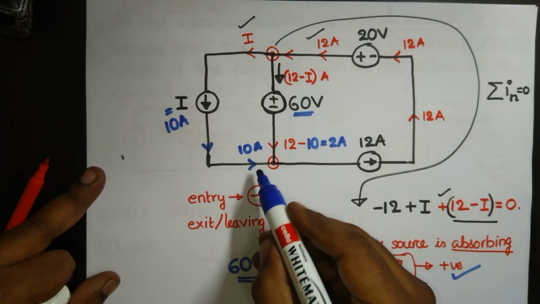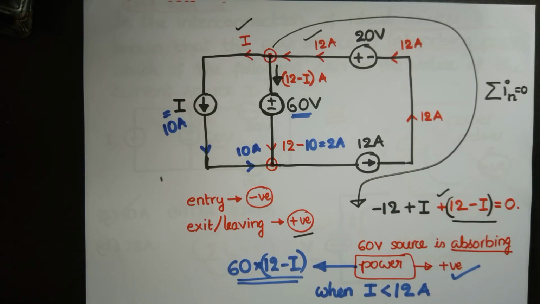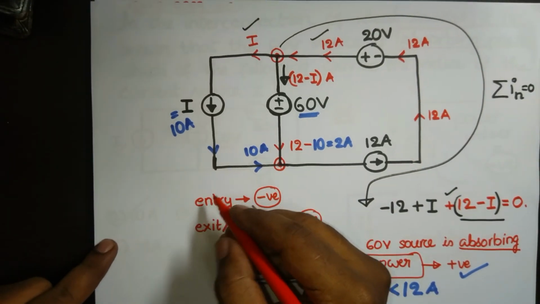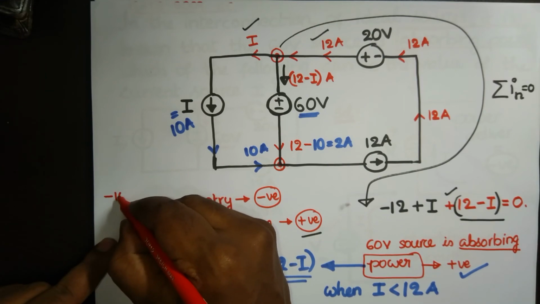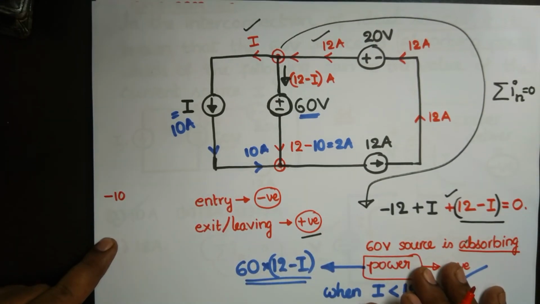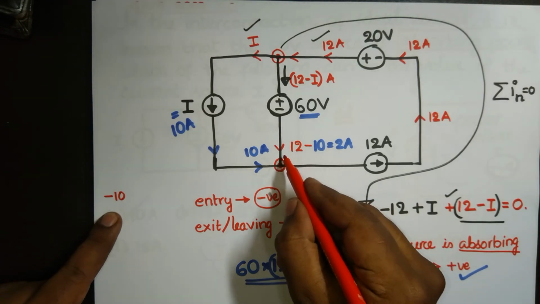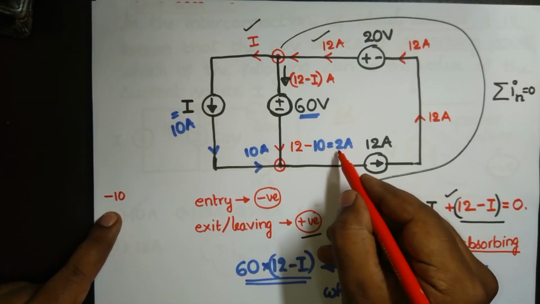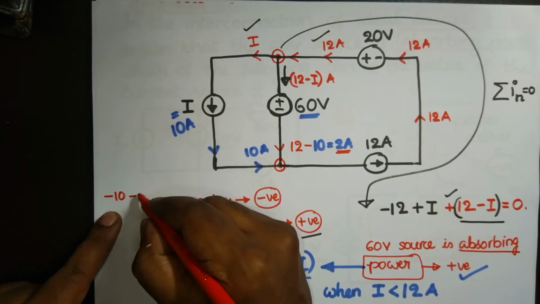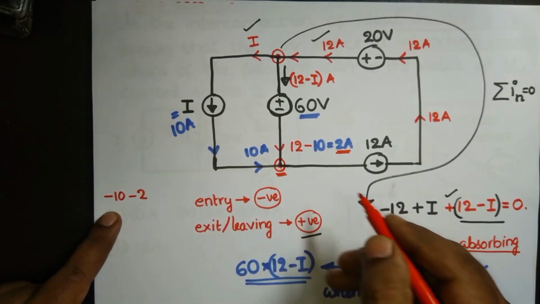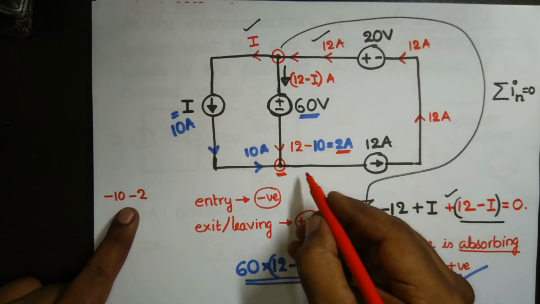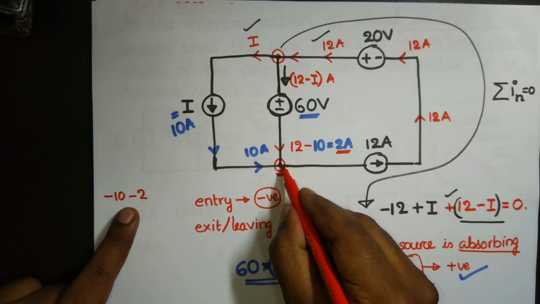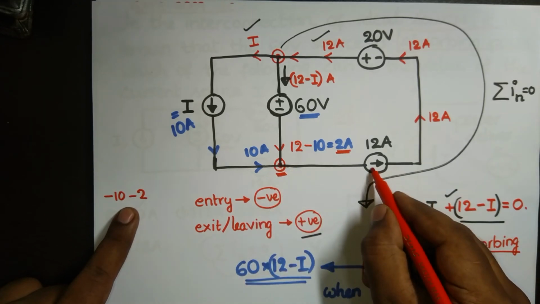This is entering at this node, so I'll take entry as negative 10. This fellow is also entering, so 2 amperes is again entering, and at this node I take negative 2. Now from this node, this current is exiting.